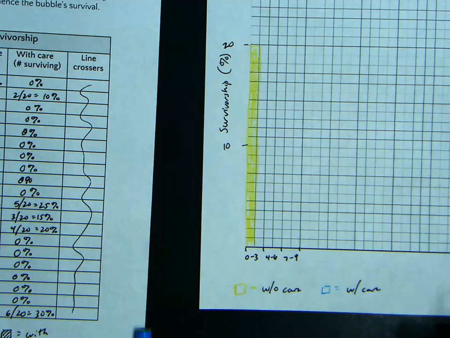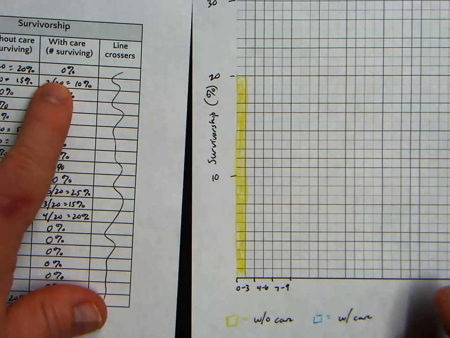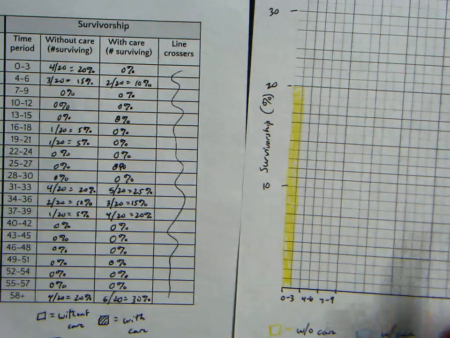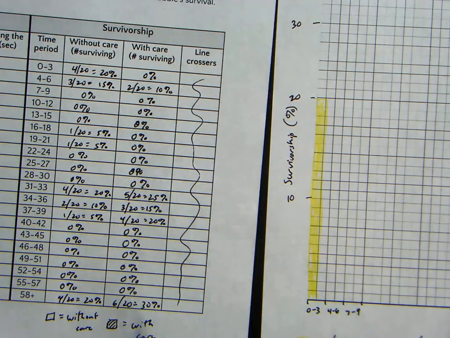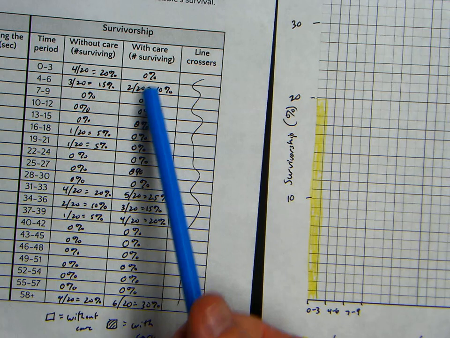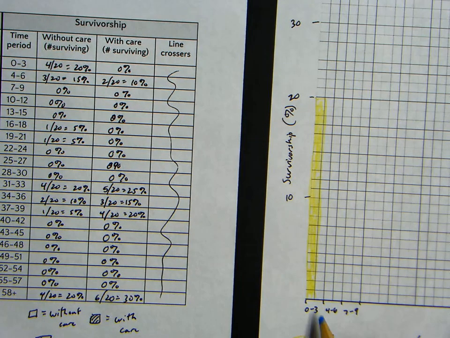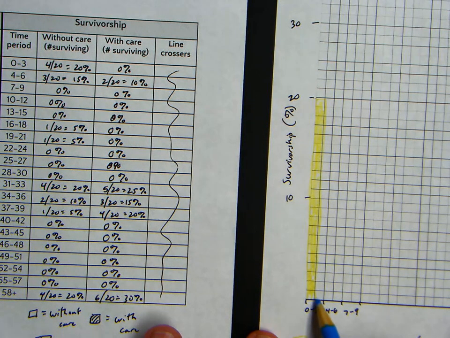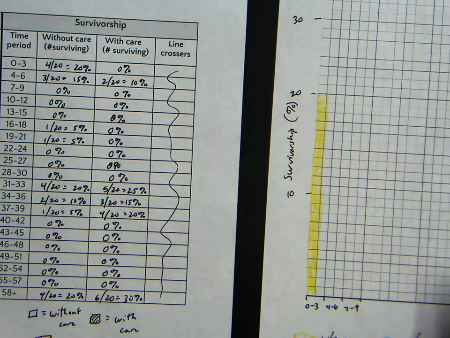There we go. All right, then my with care, you can see is at 0%. Now, I do not actually have a data point of 0. Just simply, I don't have any data. So I'm just going to leave that spot blank. Like I don't need to shade in a 0, just leave it literally blank.